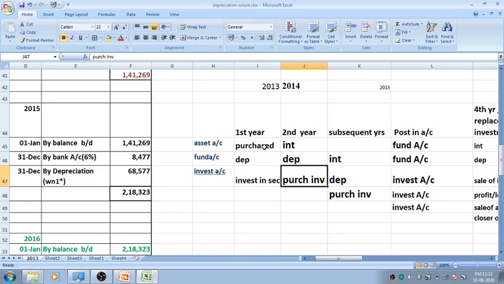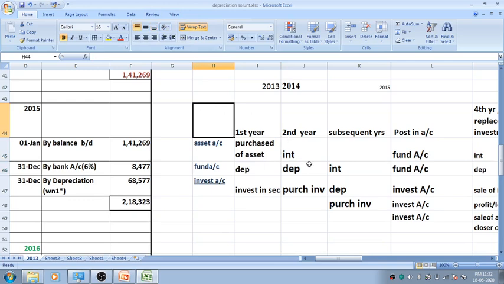in a particular year. The transaction is purchase, then you write it in the purchase of machinery, then you write it in the asset or purchase of asset. Purchase of asset to be very specific. Okay.